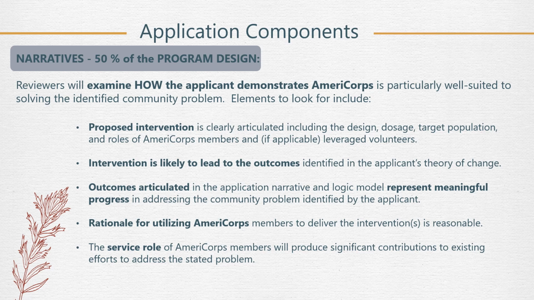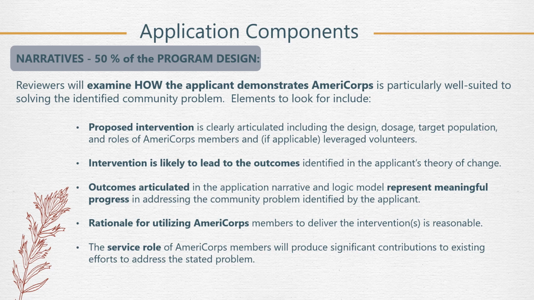The next thing that you'll come to after the executive summary are the narratives. This is about 50% of their program design. This is where you will examine how that application demonstrates that AmeriCorps and AmeriCorps members are really well suited to solving the community problem. Some of the elements that we encourage you to look for is the intervention.